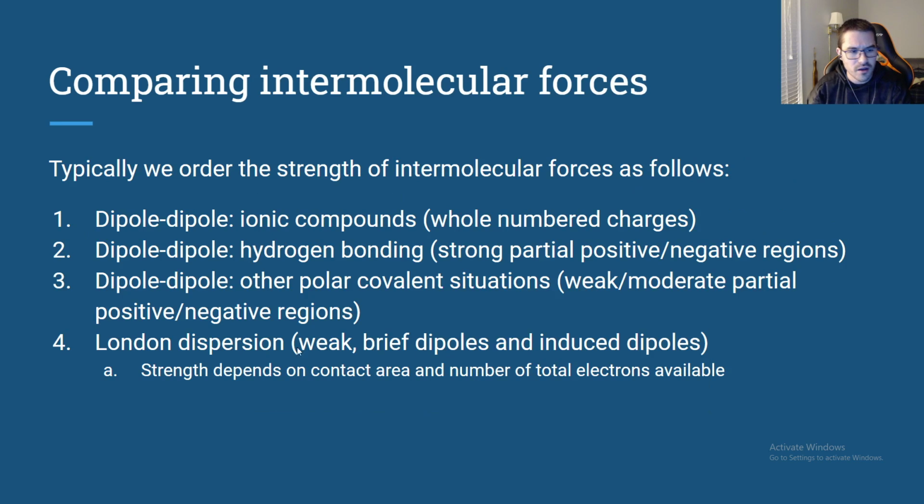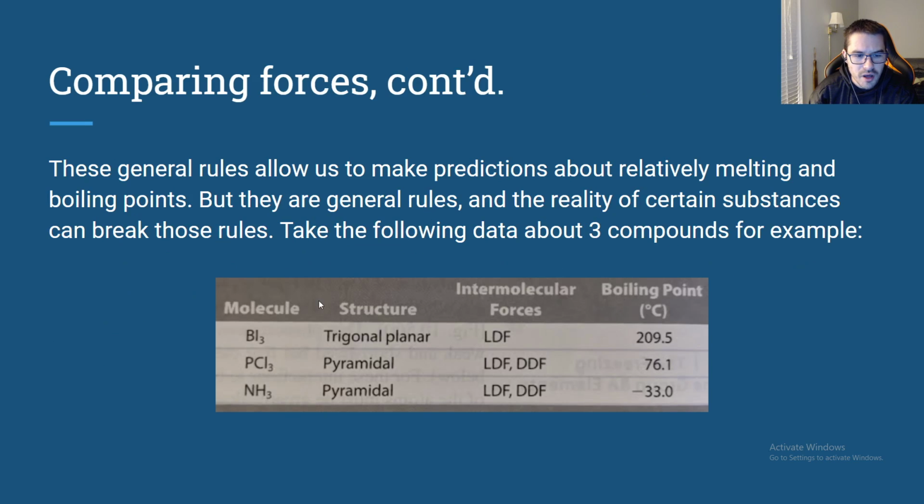Now, what we just said was that hydrogen bonding is your strongest type of intermolecular force, right? Notwithstanding the ionic situation, okay? So with hydrogen bonding here, nitrogen and hydrogen, we would expect that compound to have the highest boiling point, but it does not.